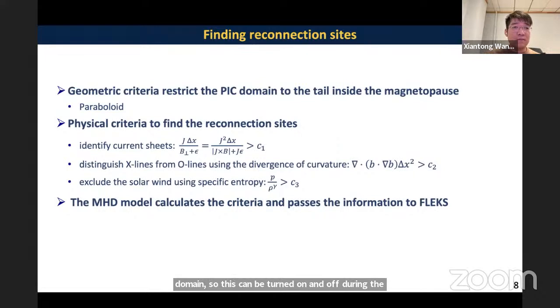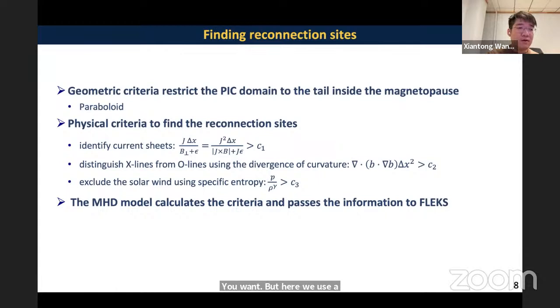we also propose several physical and geometric quantities to find reconnection sites. The first is the geometric criteria to restrict the PIC domain into the tail inside the magnetopause. You can use different types of geometric criteria you want, but here we use a paraboloid.